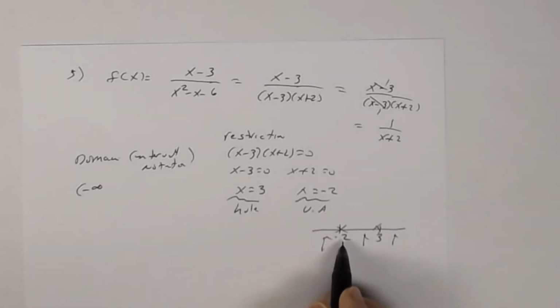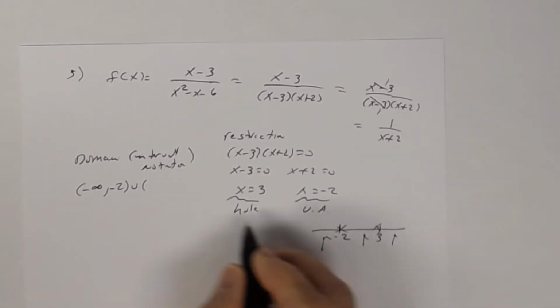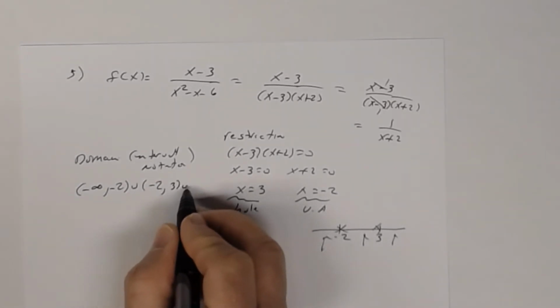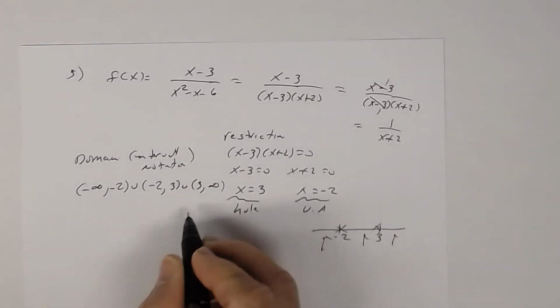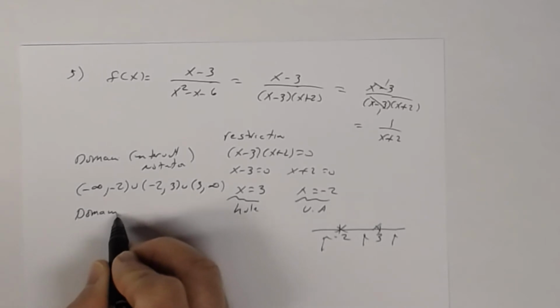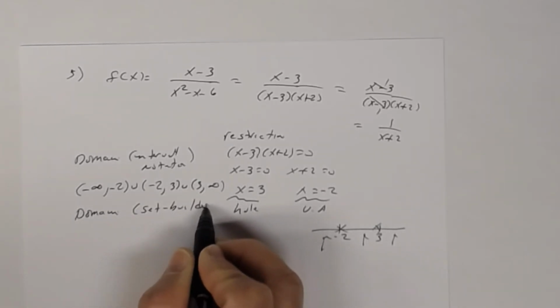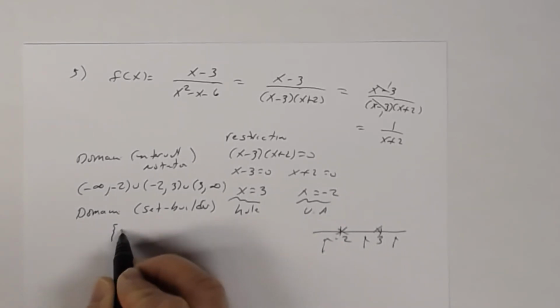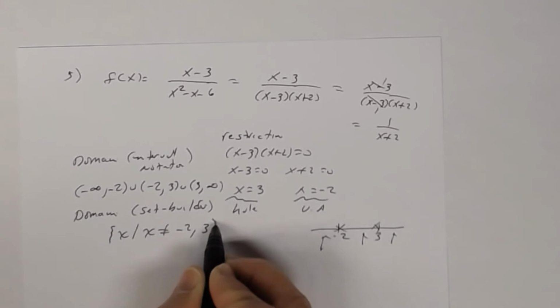So negative infinity to negative 2, parentheses, union, negative 2 to 3, parentheses, union, and then 3 to infinity. And your domain in set builder notation would be the set of x's such that x does not equal negative 2 or 3.